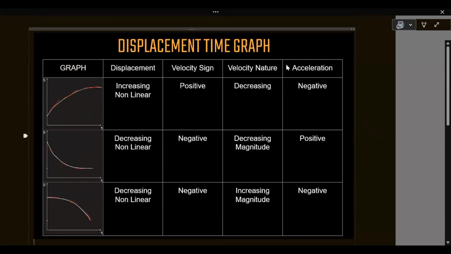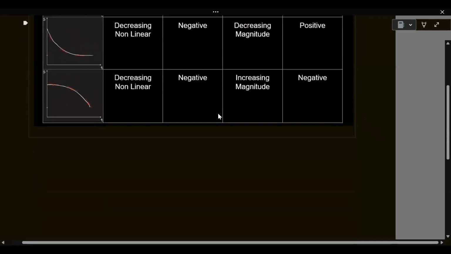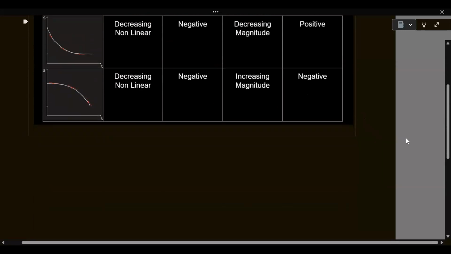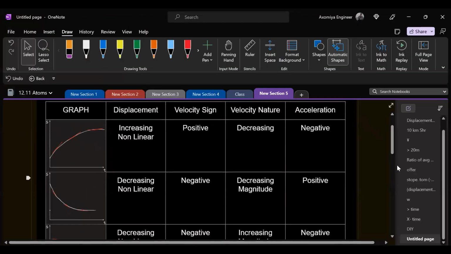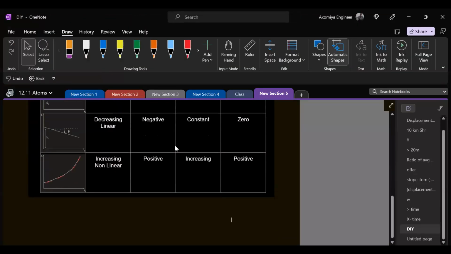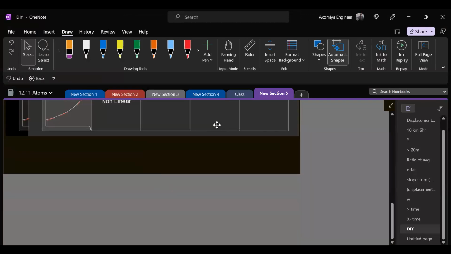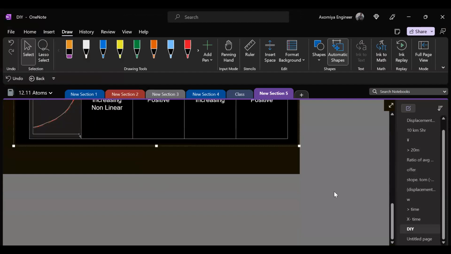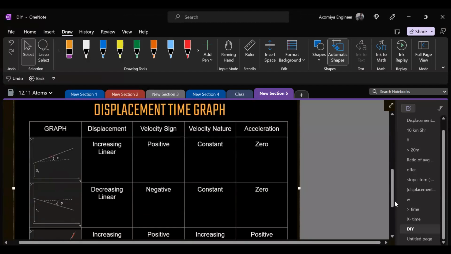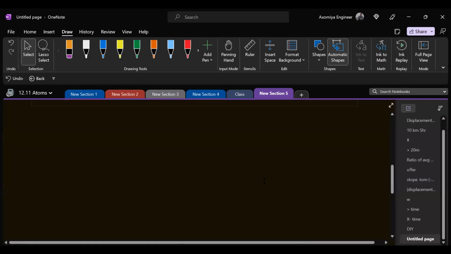When I say velocity nature, I mean the velocity magnitude here. So go through these graphs. There are 6 graphs, 2 on this, 3 on this page, and 3 on this page. How do you go through them? You do it yourself and see whether the answer is matching or not. And then let me know if you face any difficulty.